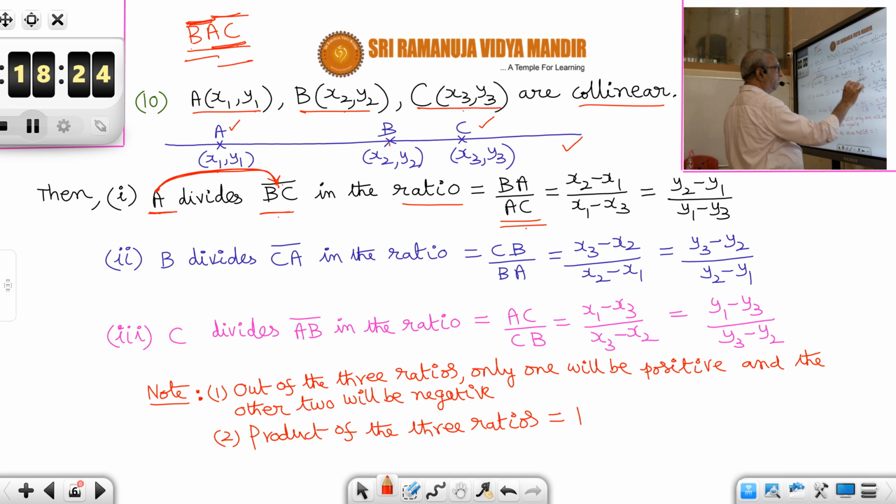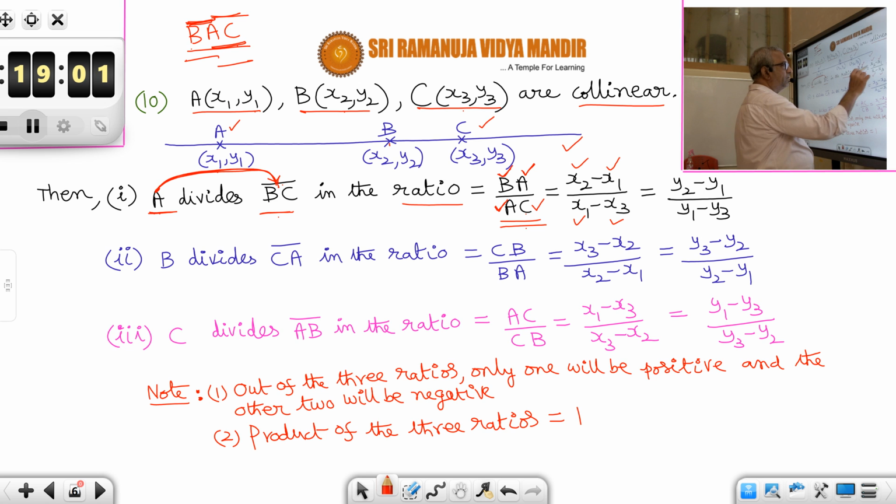After writing BA by AC, the formula is easily obtained. See, the x coordinate of B minus x coordinate of A, divided by x coordinate of A minus x coordinate of C. So x coordinate of B means x2, minus x coordinate of A means x1, divided by x coordinate of A, x1, minus x coordinate of C, x3. That order you have to follow.